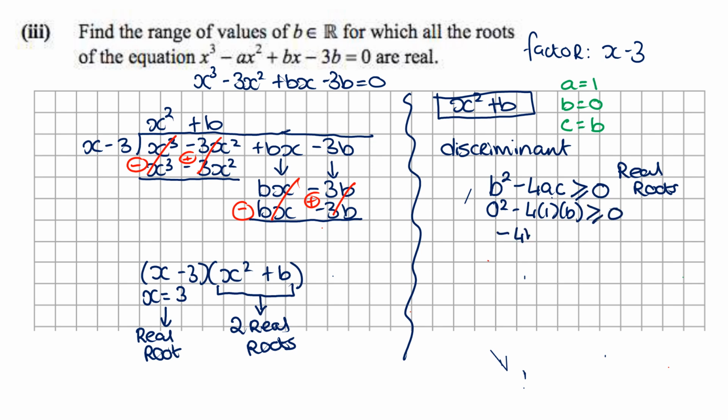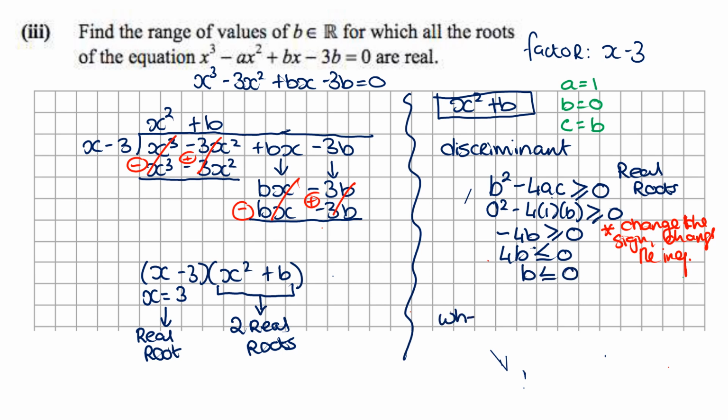So minus 4b is greater than or equal to 0. So 4b is less than or equal to 0. Remember our rules of inequalities: when you change the sign, you also have to change the inequality. So we're left with b is less than or equal to 0.